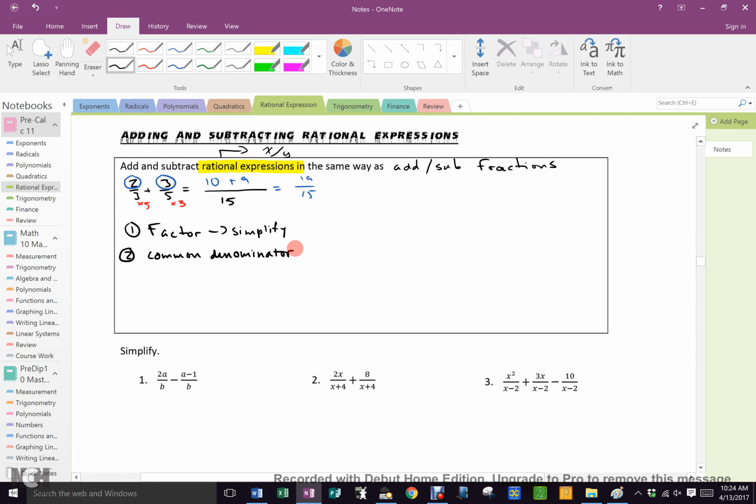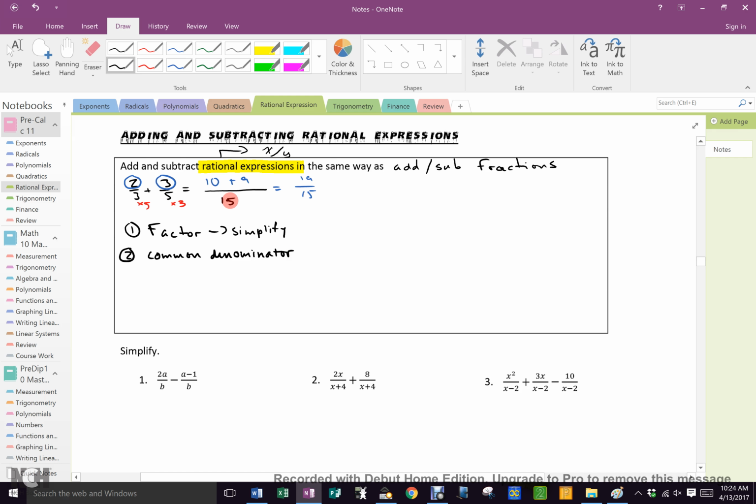Now here's the trick. When it's numbers, it's real easy to see, isn't it? 5 and 3 was 15, yeah? But what if it's not numbers? What if it is an expression such as x squared minus 4? Then it's harder to see the common denominators, yes? What was your trick to automatically know that was 15?